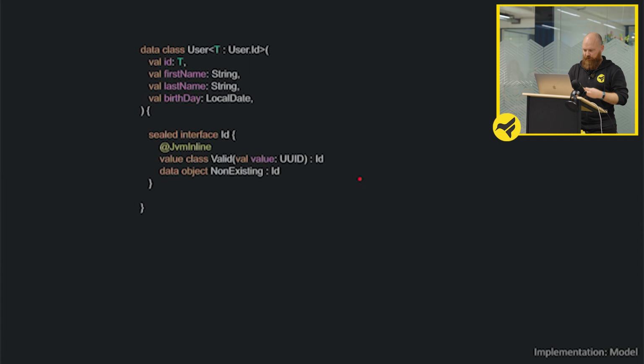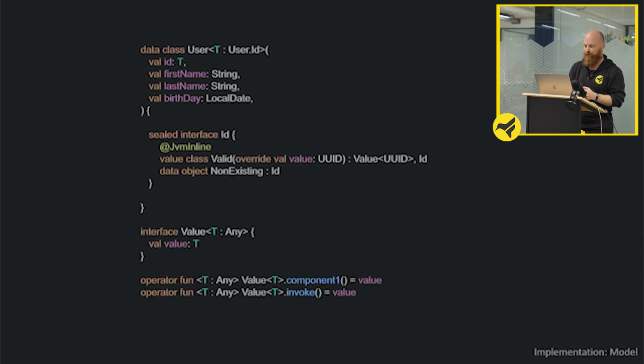Now, nice thing is, of course, if you consider making all of these things value classes, you could also say, well, I want to make sure that all the values that I have are generic. So I create an interface Value for a generic type that extends Any, so it cannot be null.